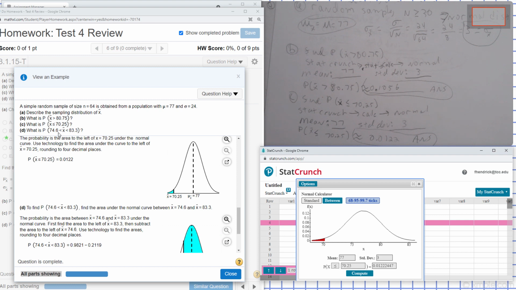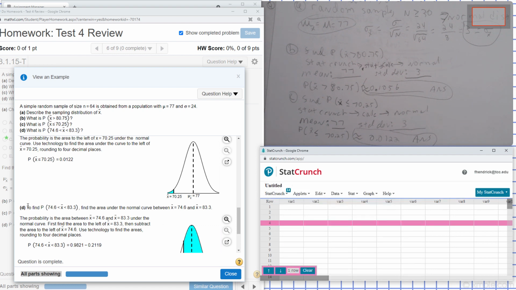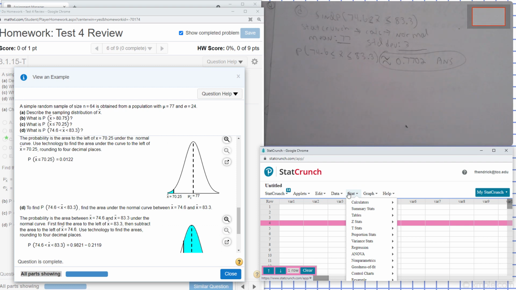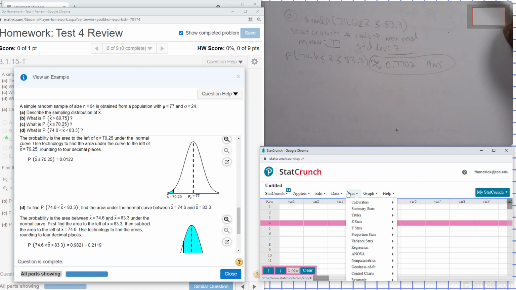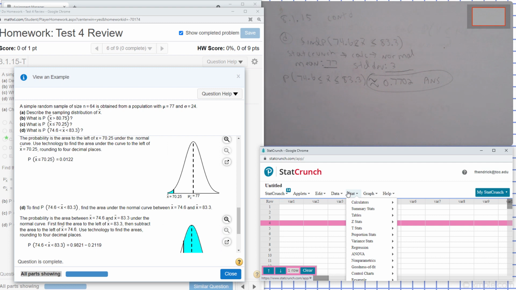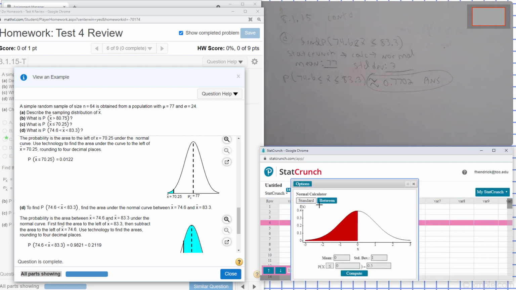And then for part D, they want it in between. So stat, and then calc, and normal, and then in between.